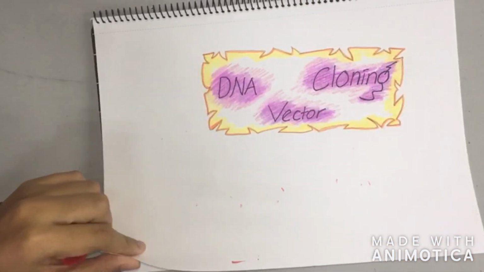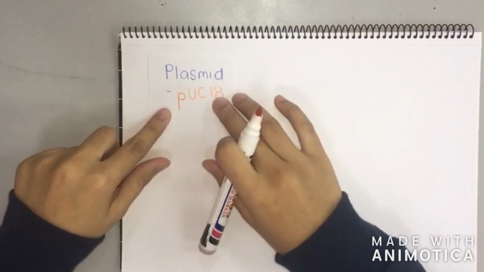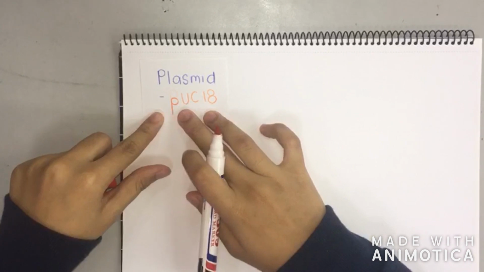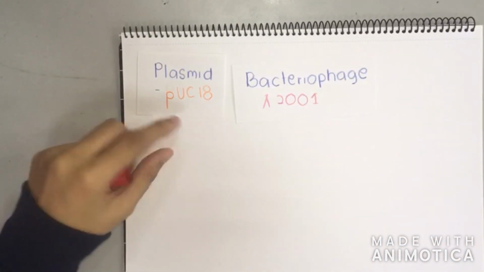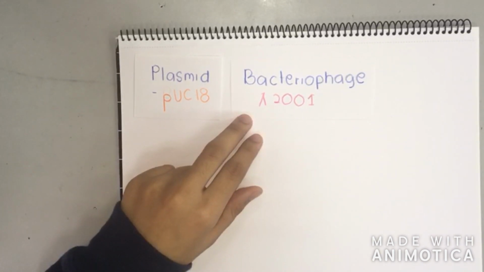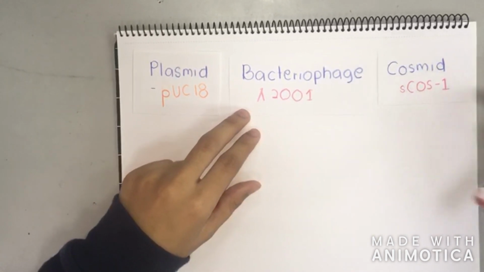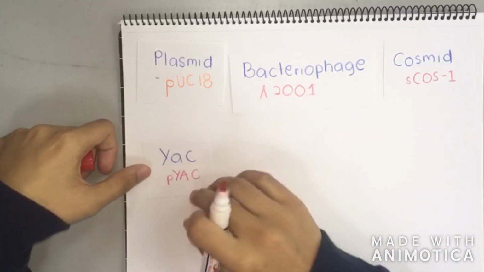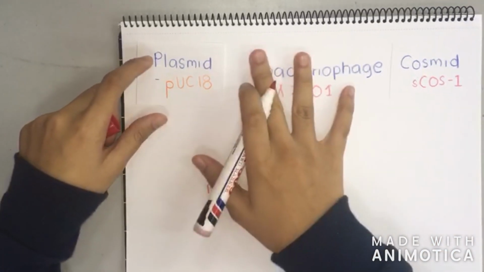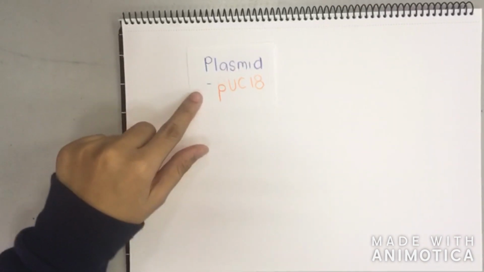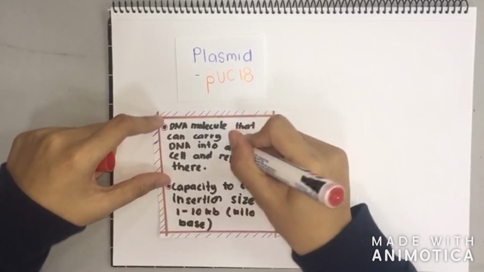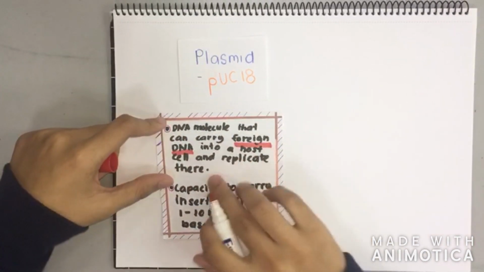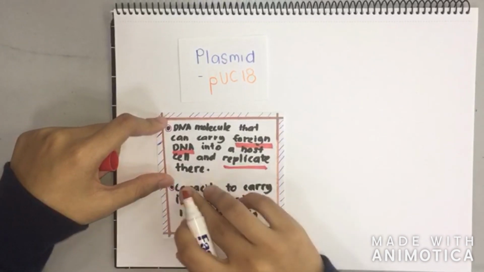So, for example, we have plasmid pUC18, bacteriophage lambda, cosmid, and YAC. But for today we'll focus on the plasmid pUC18, which is a DNA molecule that can carry foreign DNA into the host cell and replicate there.